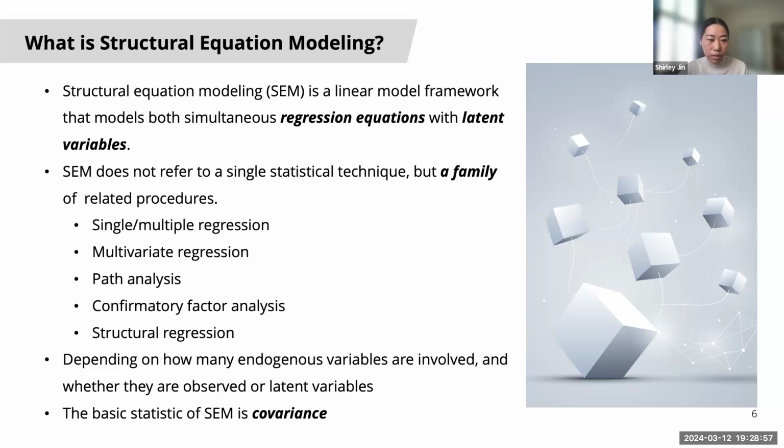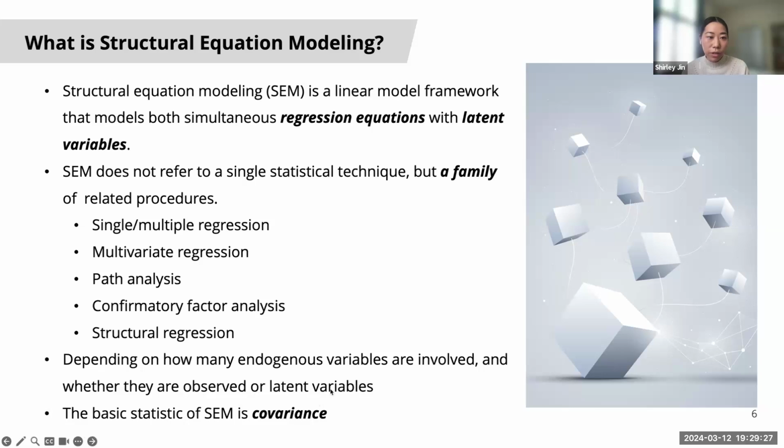There are many possibilities. And how do you differentiate different types of techniques? We need to check how many endogenous variables, how many dependent variables are involved in the model, and whether they are observed variables or latent variables. So it's also very important to be clear and specific about which type of SEM you're using. You cannot just say, I'm using SEM, because it's very broad, right?